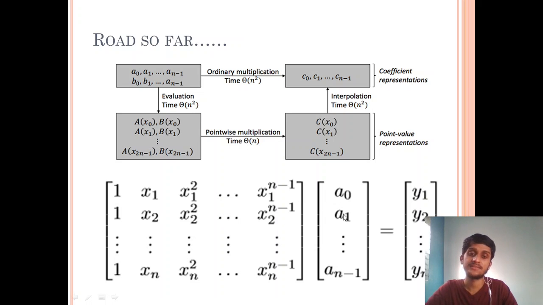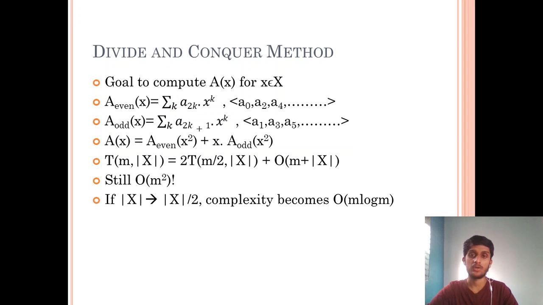But this would also take order n square time, and the best known interpolation methods, such as Lagrange polynomial interpolation, also take order n square time. So somehow, if we find a better way to swing between these two representations, then our job is done. That is done by the divide and conquer method.